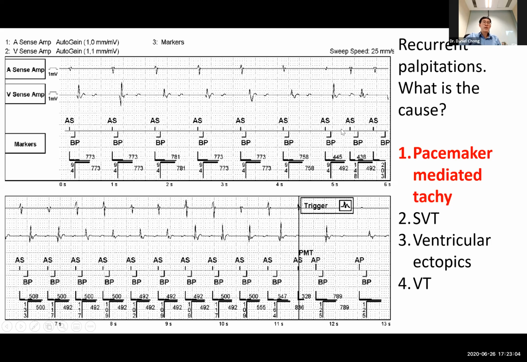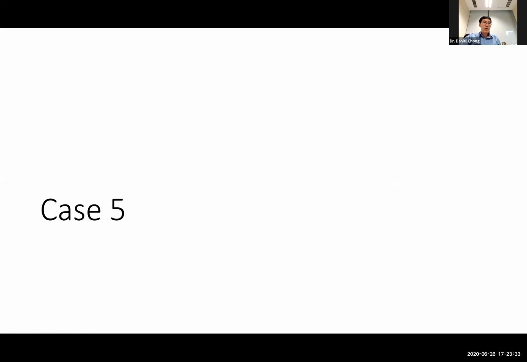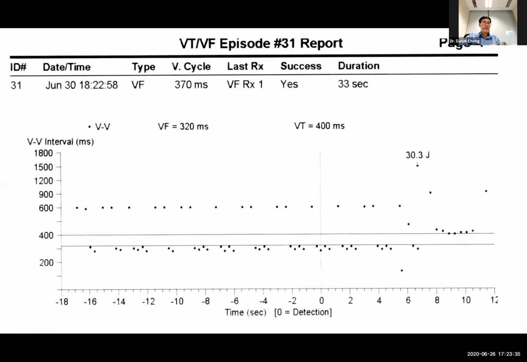But in a CRT, we do know that has a trade-off: if this is not sensed and not tracked, potentially it can conduct down to the V, and then we would lose BiV pacing, and the BiV pacing percentage would drop, sometimes quite significantly. So that's the trade-off we have to be careful of if we were to prolong the PVARP in patients like this. All right, let's go on to case 5.